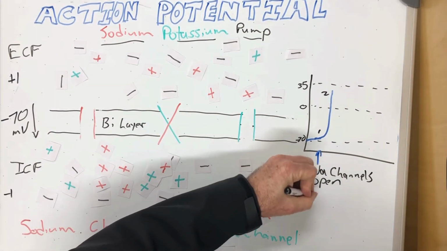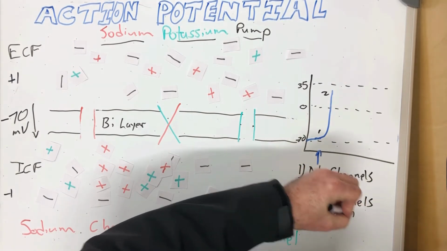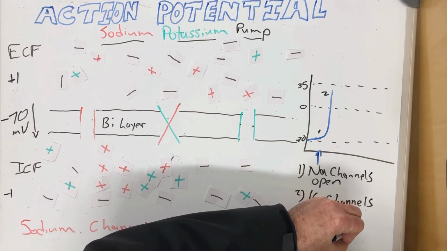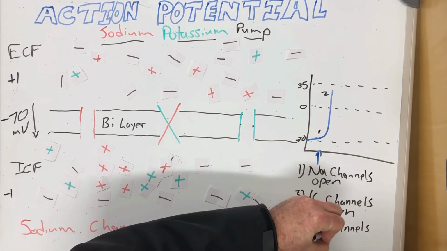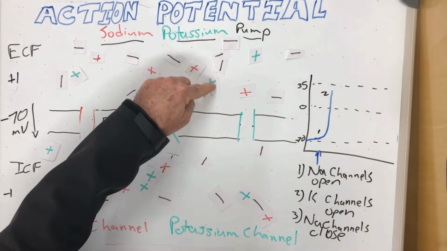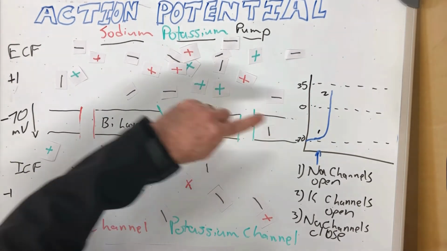Now, as the graph rises up, step two happens, and that is where the potassium channels are going to open. And as you could guess, since the inside of the cell has become so positive, that is going to force potassium to start to leave the cell, which we'll see in just a little bit. Potassium starts to leave the cell, which, as you can guess, is going to cause the voltage to start to drop back down again.